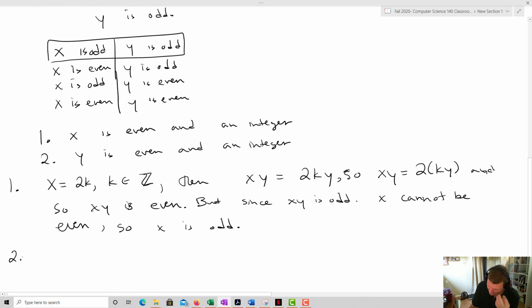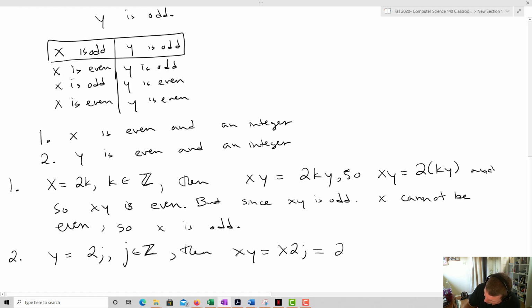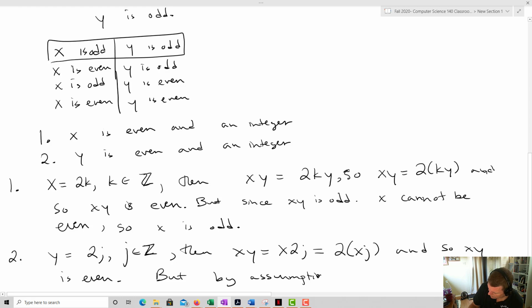For case 2, we're going to get a very similar proof. We're going to let y equal 2j for j belonging to the integers. Then we get that xy equals x times 2j, which we can rewrite as 2 times xj. And so xy, again, is even. But by assumption, xy was odd.